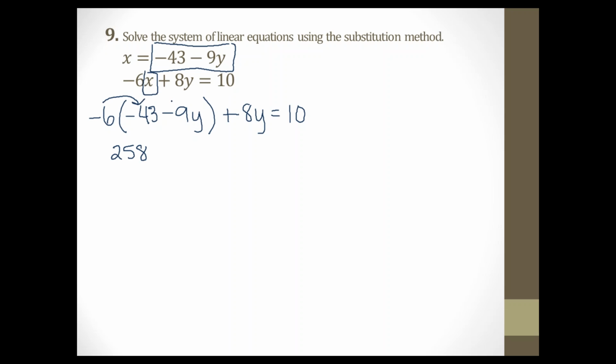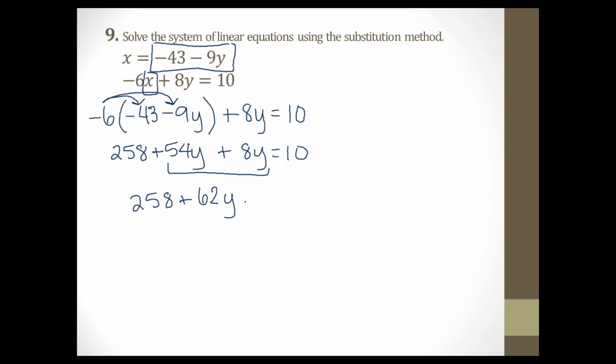Then negative 6 times negative 9y will be positive 54y. Then I'm going to bring down my plus 8y equals 10. So now let me combine like terms on the left-hand side. 54y plus 8y will give me 62y. Then I have 258 plus 62y equals 10.